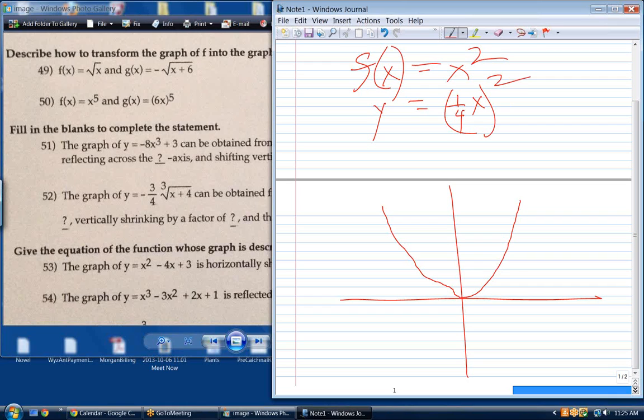Is it a horizontal shrink of, I just don't understand what factor it would be by. Well, the other one was the reciprocal of 6. So it'd be 4? Yeah, this is a horizontal shrink by a factor of 4, which means, hold on a second, which means this is flatter.